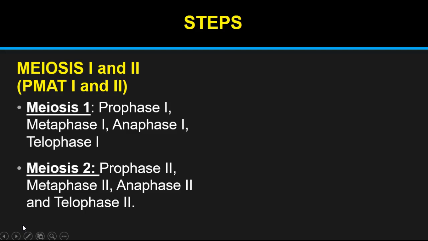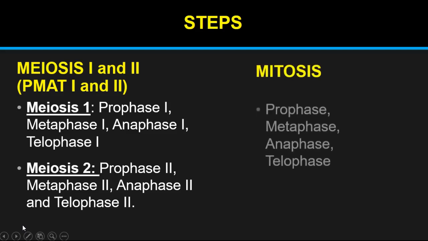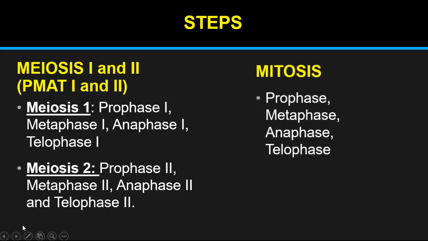And in meiosis 2, we see prophase 2, metaphase 2, anaphase 2, and telophase 2. And in mitosis, we just have plain old PMAT, prophase, metaphase, anaphase, and telophase. No Roman numerals after those, just plain PMAT.